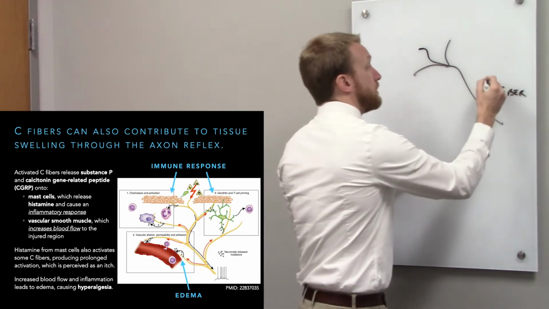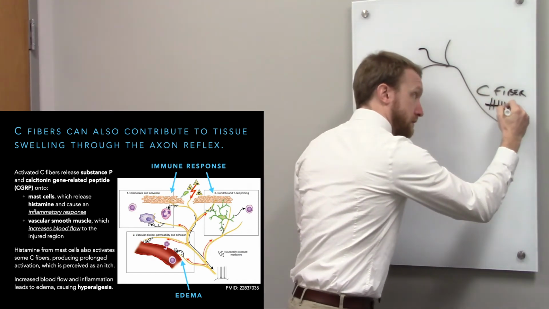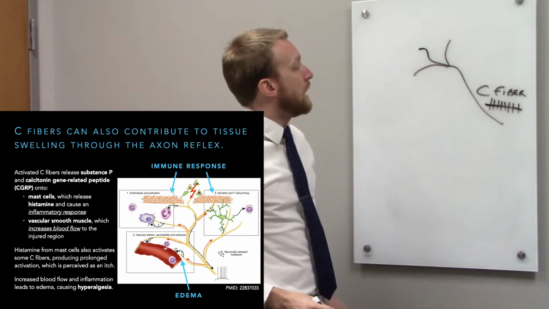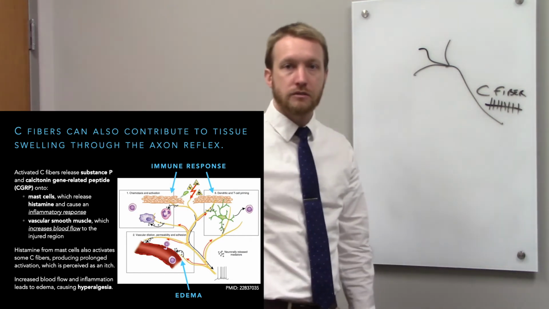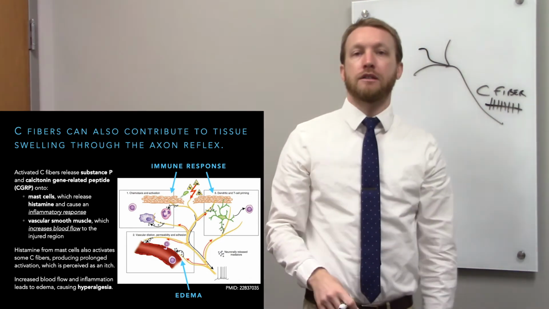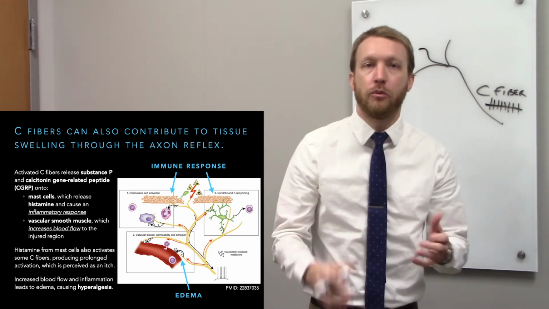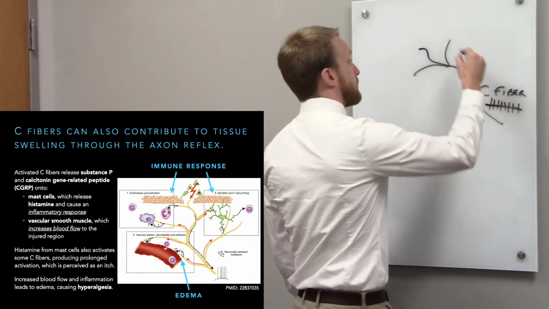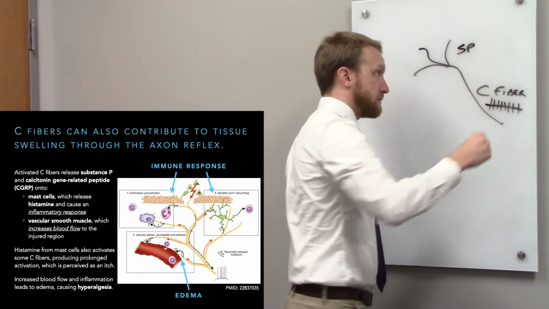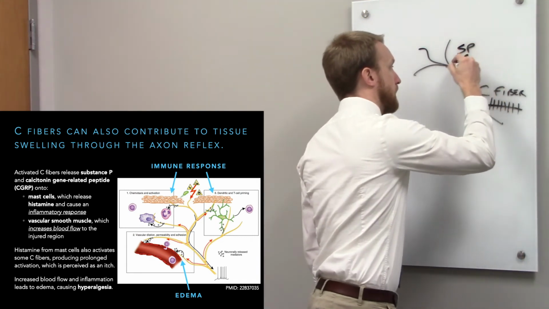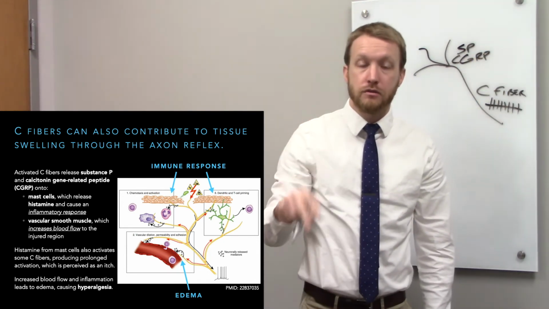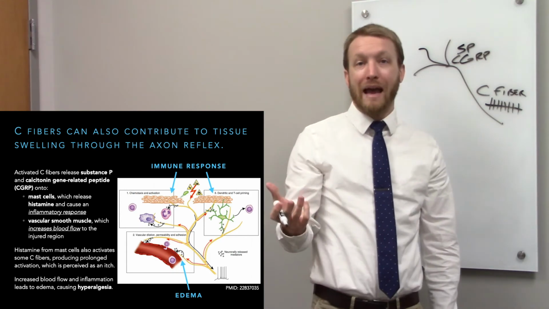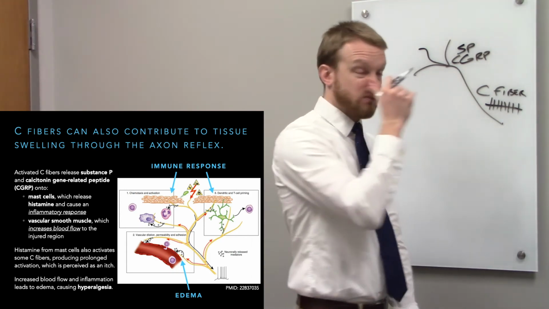So when the C fiber is activated by pain, it's going to be strongly activated, it's going to be firing a burst of action potentials, and when we hear burst of action potentials, we should be thinking neuropeptides. In this case, we're going to be releasing substance P and calcitonin gene-related peptide, CGRP.